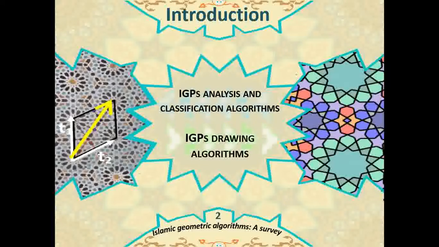So, we reviewed existing algorithms in IGP and divided them into two main categories. In the first category, IGP is examined to design algorithms for drawing them, and in the second category, those methods have been studied at analyzing and reconstructing IGPs by image processing.